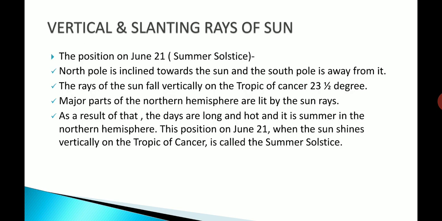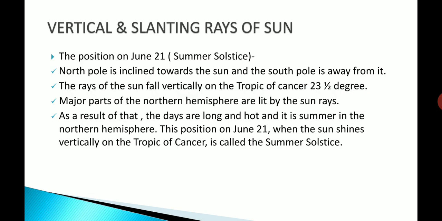Major part of the northern hemisphere during this time is lit by the sun's rays, and due to this, days are long and hot, and you experience heat or summer during that time in the northern hemisphere.